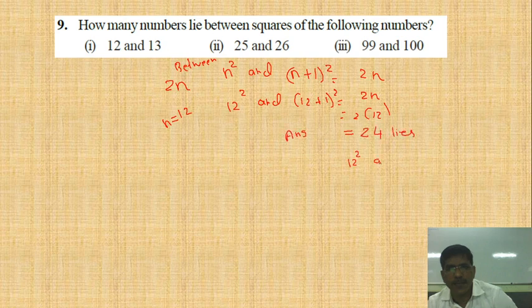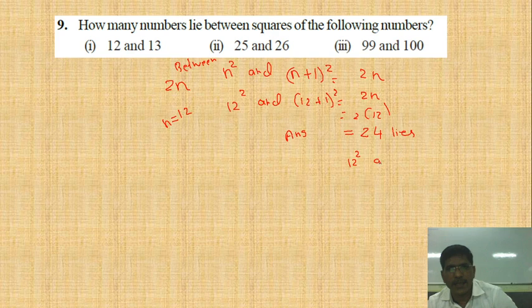How many terms are there? 24 terms. Why? The formula is 2n. Now the second question, 25 and 26. So 25 square and 25 plus 1 square. Then the answer is 2n, so n is equal to 25.